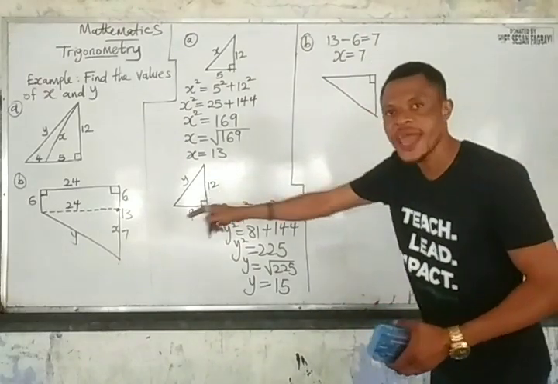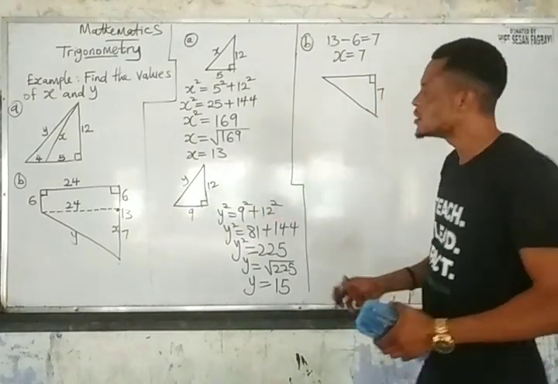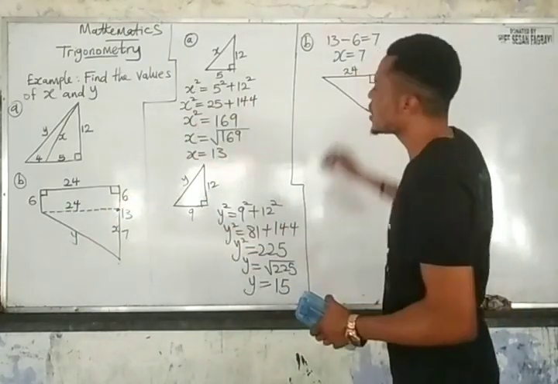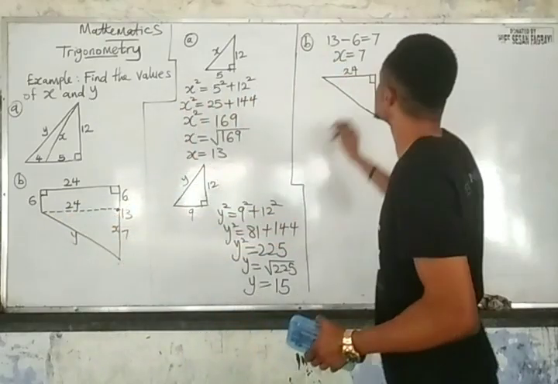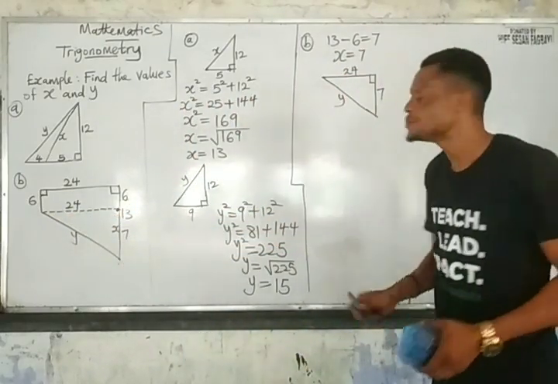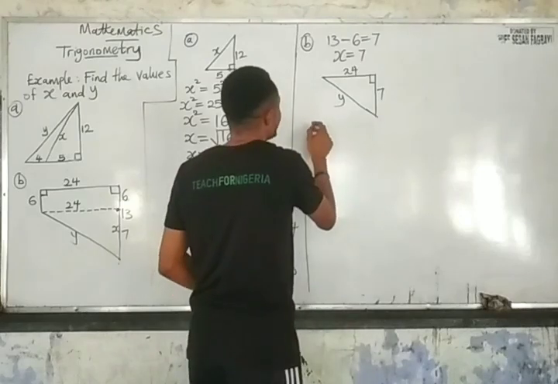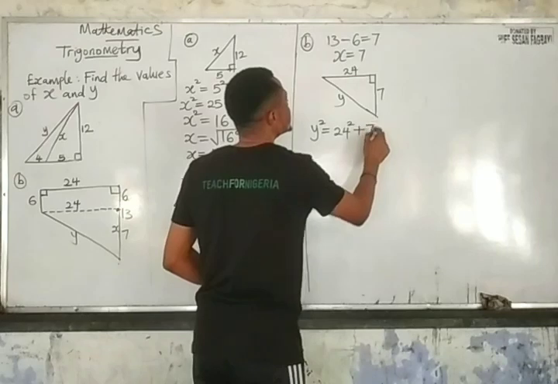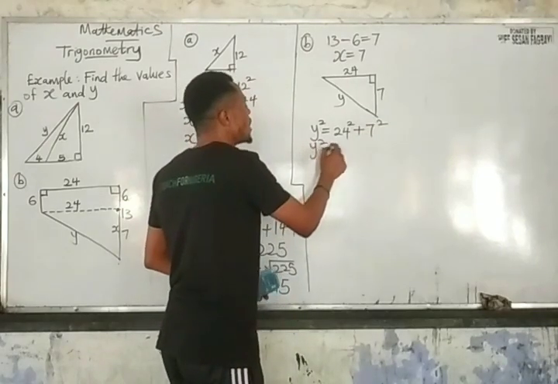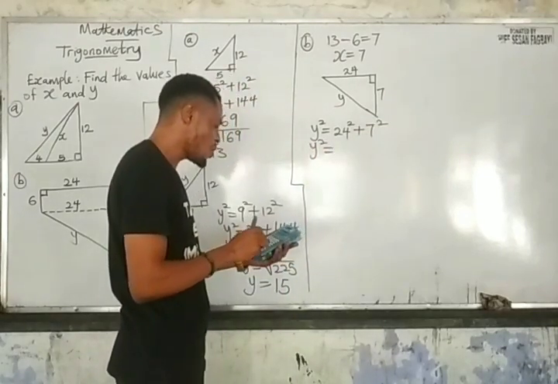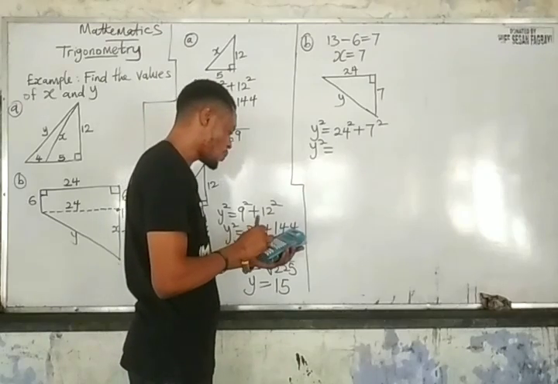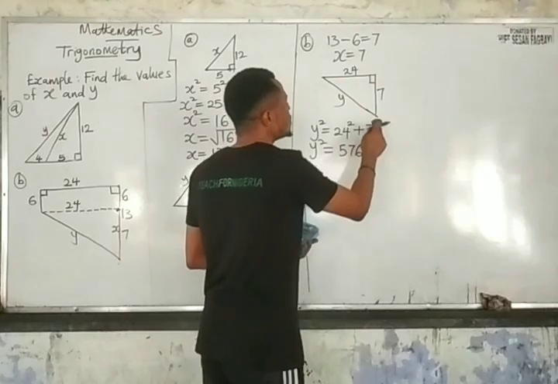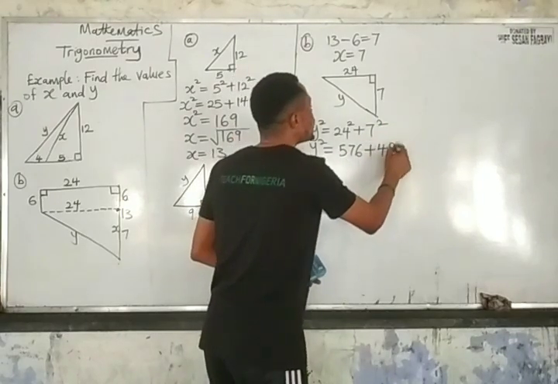Of course, we have found our x to be equal to 7. We identify that from here to here is 24. And finally, we have our hypotenuse, y, which we are looking for. So, to solve for that, we are going to have y squared equal to 24 squared plus 7 squared. Y squared is equal to, let me punch that, 24 raised to the power of 2, so we have 576, plus 7 raised to the power 2, we have 49.